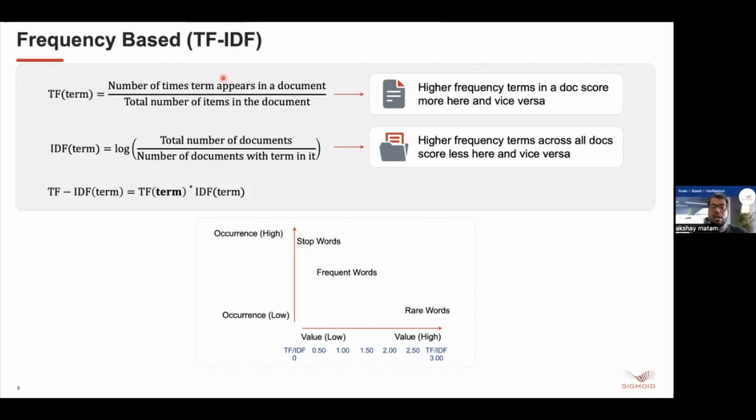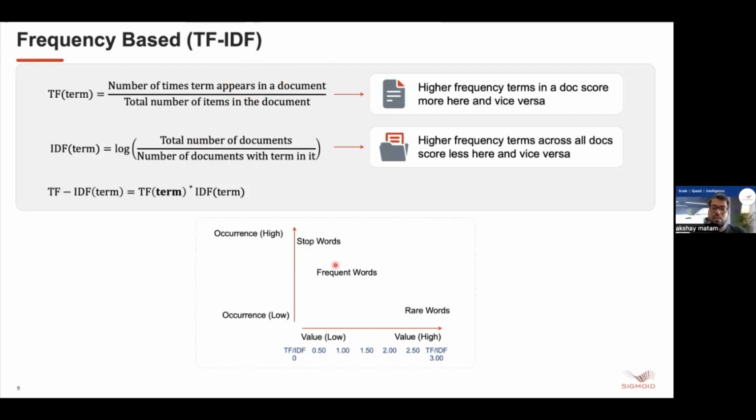That is, higher frequency keywords in a sentence will be given higher importance, and the terms or words which are repeated across the sentences or the documents will be given less importance. Why is this happening? If we see keywords like is, was, or any of the stop words or conjunctions, those need to be given lesser importance when it comes to the importance of the keyword, right?